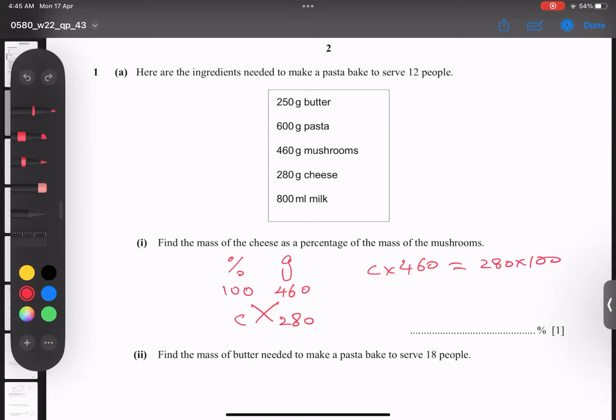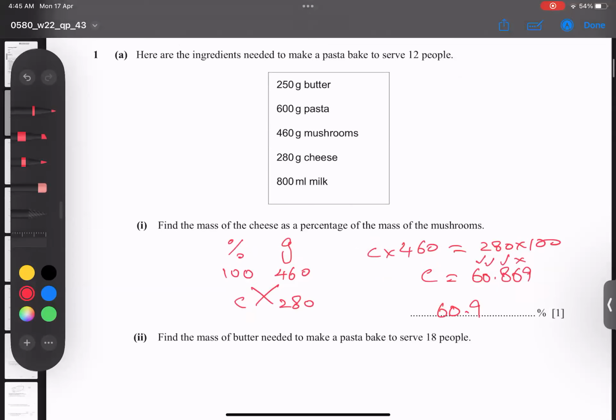I'm just typing in my calculator, and I'm getting 60.869. But we need 3 significant figures, so we round it up. It means we got 60.9 percent. So I hope the first part is clear.